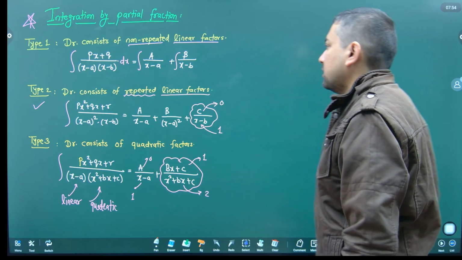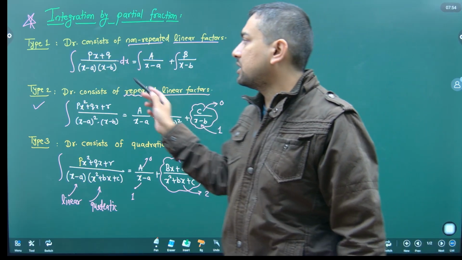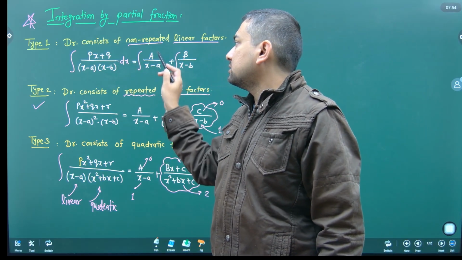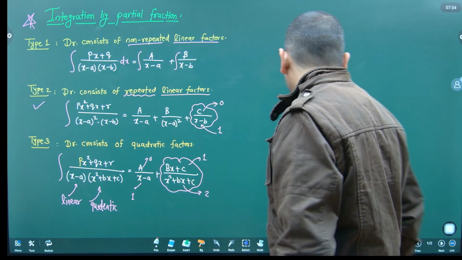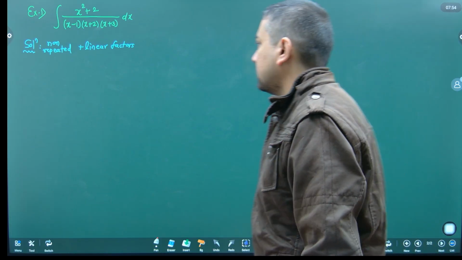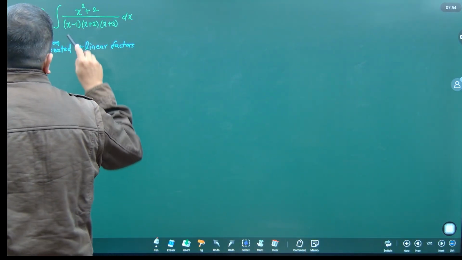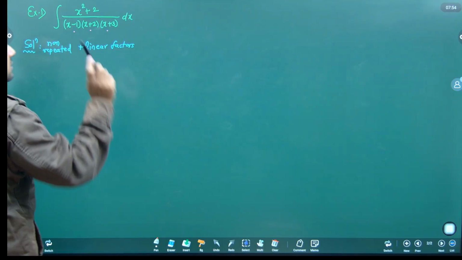Now what is the procedure? You have to allot a single constant to each non-repeated linear factor. How many non-repeated linear factors are there? 3: x minus 1, x plus 2, x plus 3.